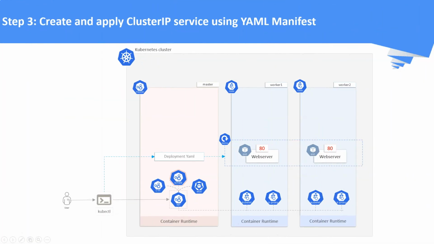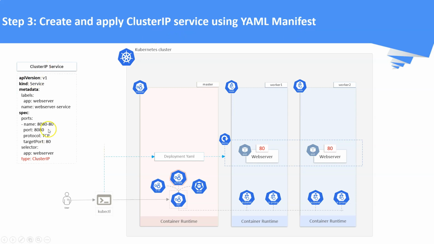Step number 3, create and apply the ClusterIP service using the YAML manifest. Just like how we created the deployment YAML, we need to create the ClusterIP YAML definition file as well.